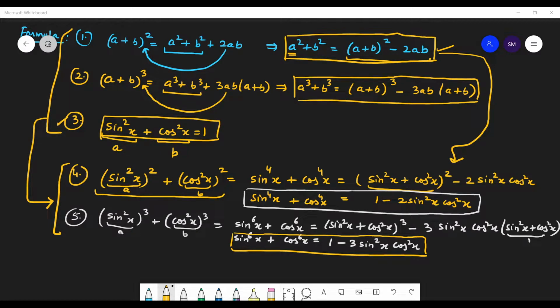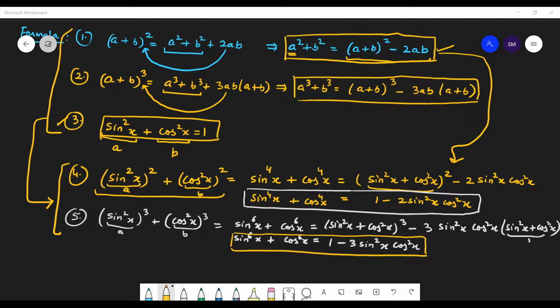This is your 1, whole square, plus 6 into 1 plus sin x cos x, plus 4 into, now this is 1.